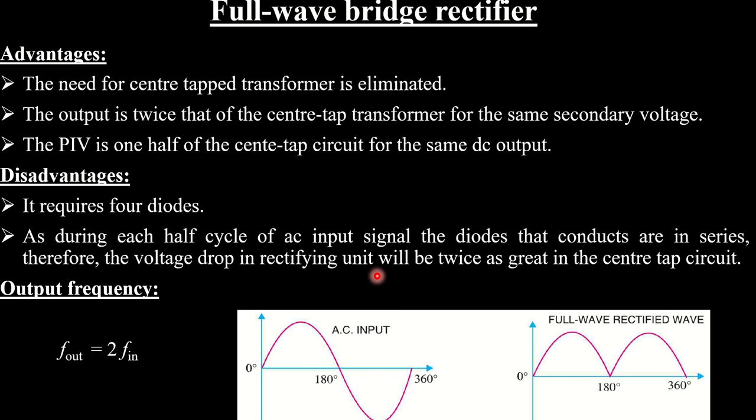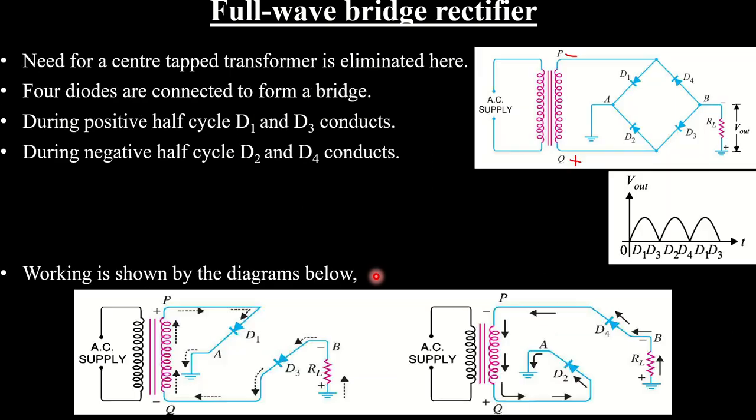This is objectionable when the input and output voltages are very low. If the input voltage and output voltage are very high, then it doesn't matter. But consider this: during the positive cycle there is D1, then the resistance RL, then D3.